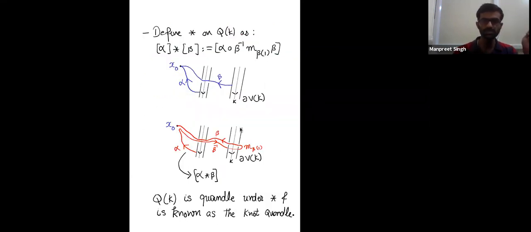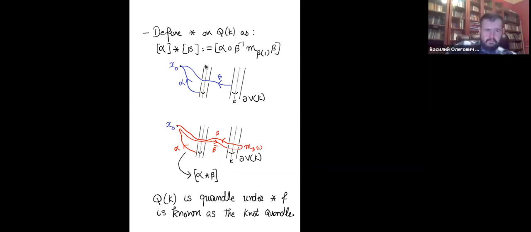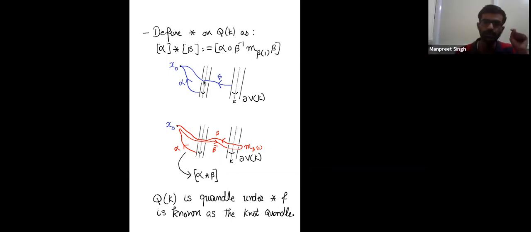Now we define the operation on this set Q_K like this. If we take two representatives, alpha and beta, we define the operation as alpha composed with beta inverse, then the meridian, then beta. Diagrammatically, suppose we have the knot K, and these lines represent the boundary of the tubular neighborhood, and we have two elements alpha and beta in the set Q_K, ending at the point x naught.